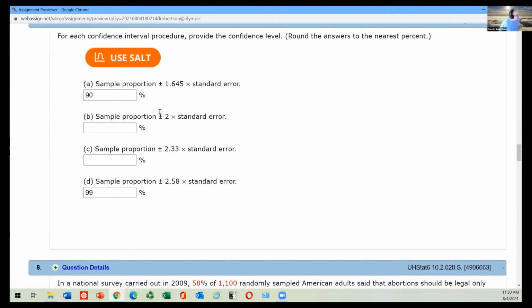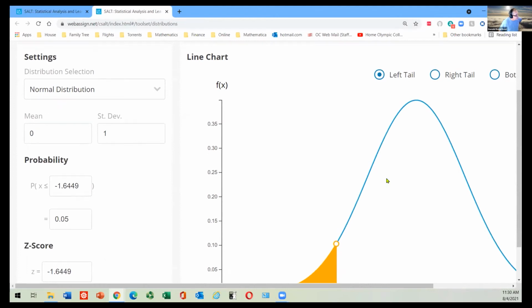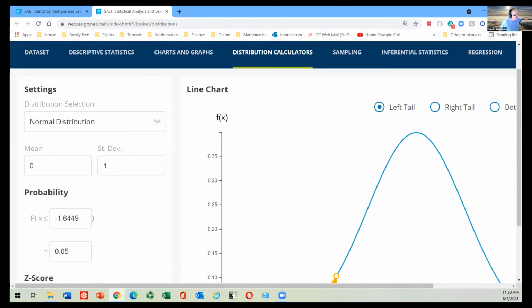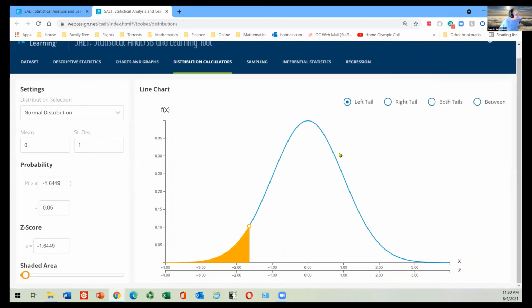So let's do the 2 one. What the heck could that be? Well, it's not obvious how I'm going to get this. I'll show you what I'm going to do. I'm going to get into salt. Going to bring this guy, and I'm going to use the normal distribution, and I'm going to have to shrink this guy down a bit. There, that should be enough.